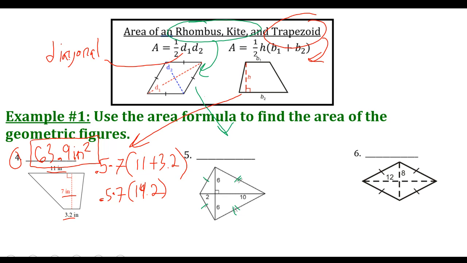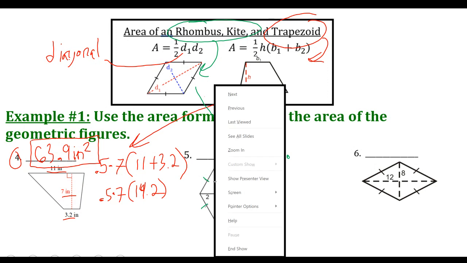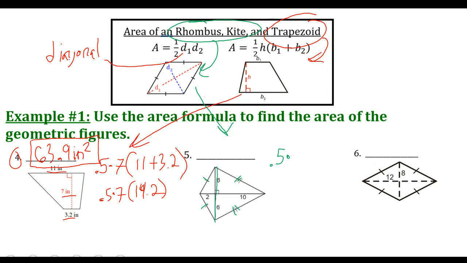So I'll rewrite this as 0.5 times diagonal 1. Now diagonal 1, that's the whole thing. So it's not 6. It'd be 6 plus 6, which is 12. Same thing over here. This is 2 plus 10 for the second diagonal. So 2 plus 10, oh, that's also 12.